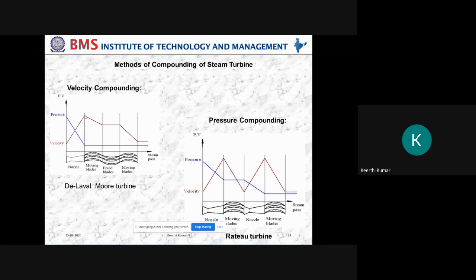Understood? If the very high velocity steam enters the moving blades, the velocity drops, and this drop is extracted by rotating the blades, but the pressure remains the same. At the end of the first stage moving blade, the velocity will be up to this level. Then the same steam is passed through the fixed blade.